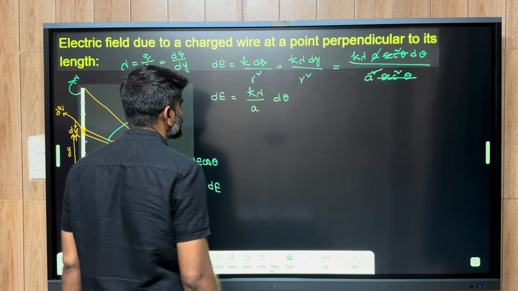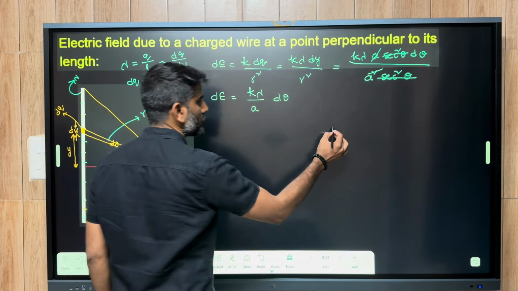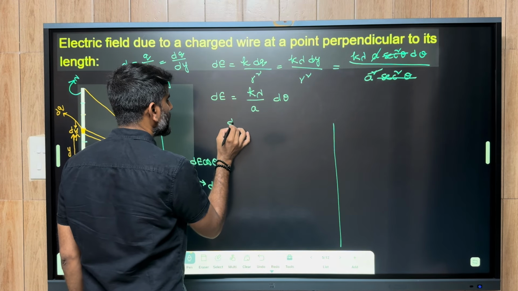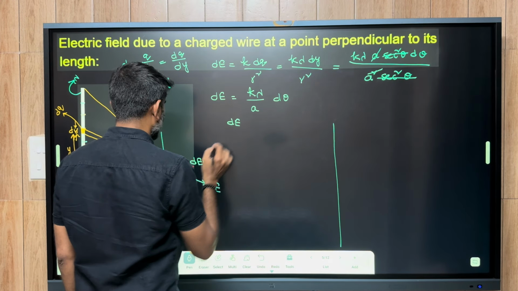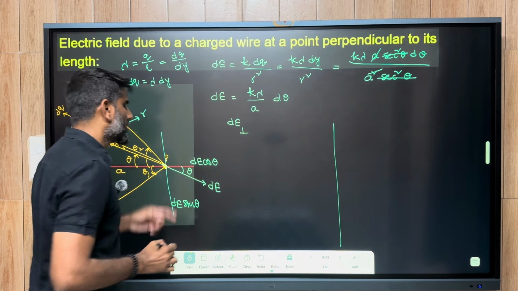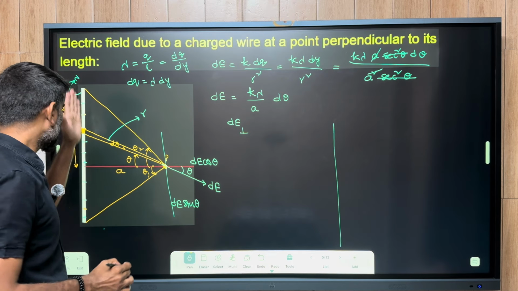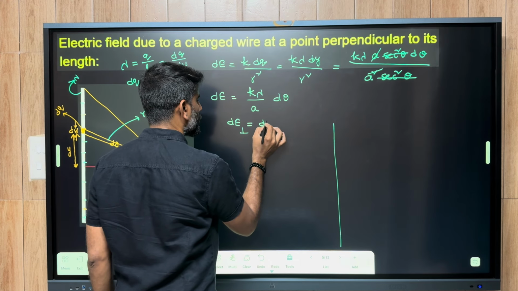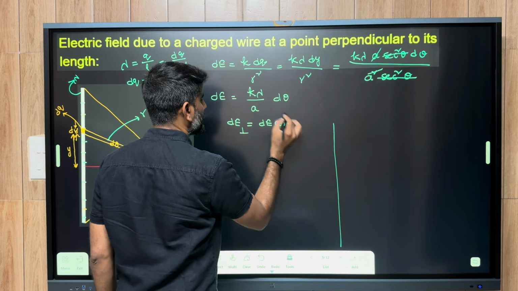Now I have two components here. I'm going to divide this into two parts. I'm going to name this component dE perpendicular, because this is perpendicular to the length of the rod. dE perpendicular is equal to dE cos theta.